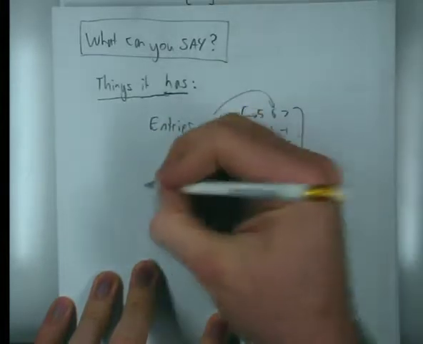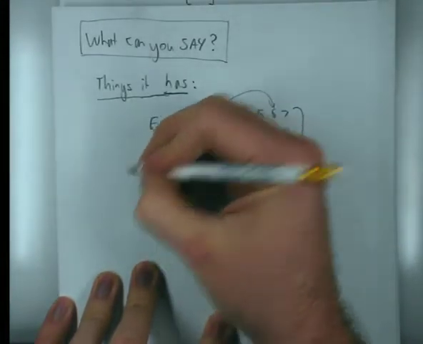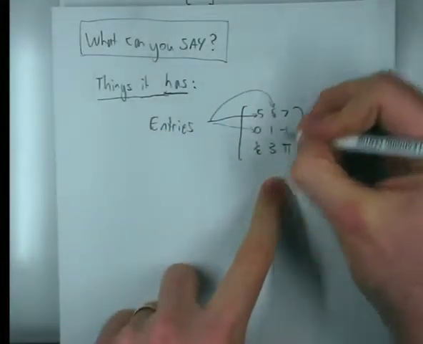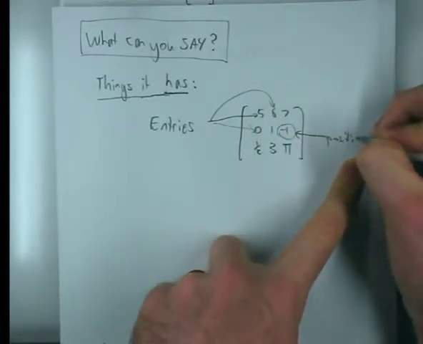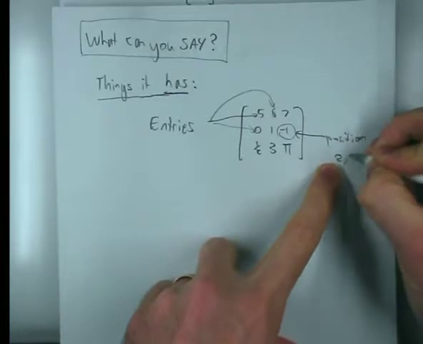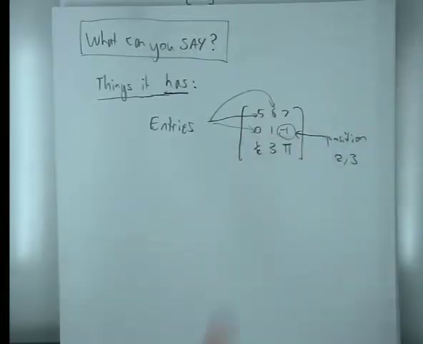So you can say that this is position 2, 3, because it's in row 2, position 3, okay? And what they normally use for those is the letters I and J. I for the row and J for the column, but it's not necessary to use those letters, and sometimes they'll switch it up and use a K instead, or use a J for the first one, but it's just good to know that they're normally called I and J.